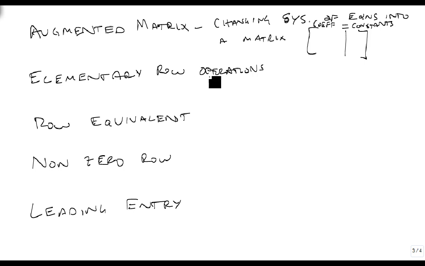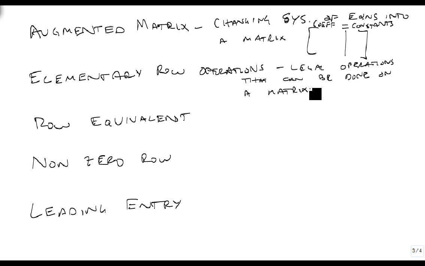The elementary row operations are the legal operations that can be done on a matrix, and we'll talk about what these are later, but they're very similar to the ones that were our Gaussian elimination operations back when we did 3 variable systems.